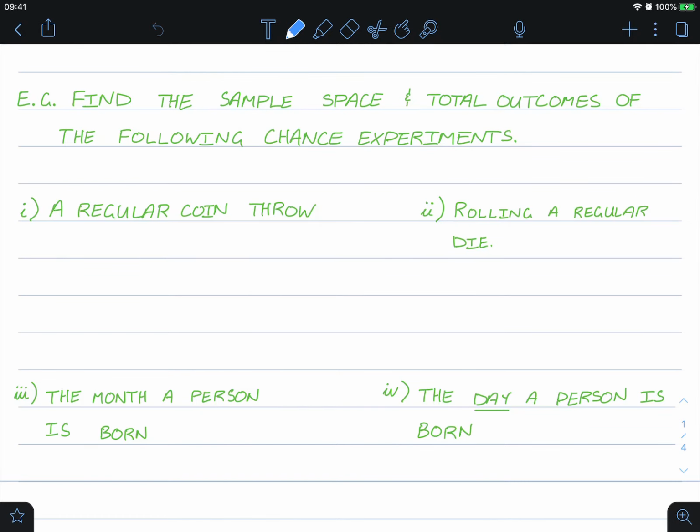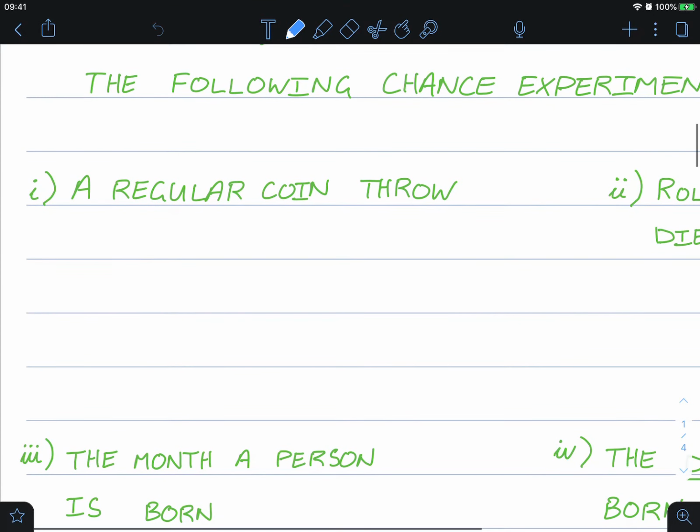So here we go. When we throw a regular coin, our sample space, we write it as S for sample space, is equal to this funny looking bracket. The results that can happen from a coin throw are heads or tails.